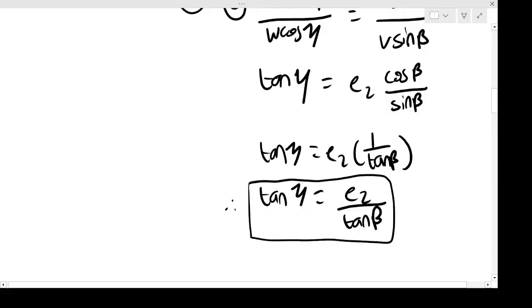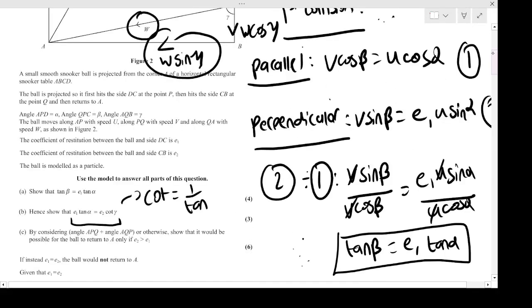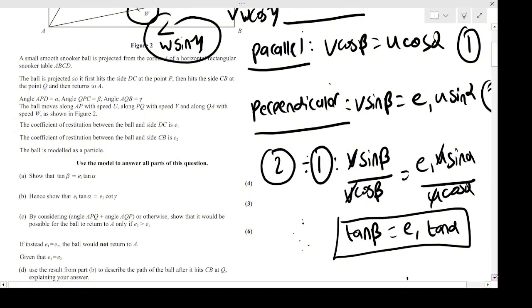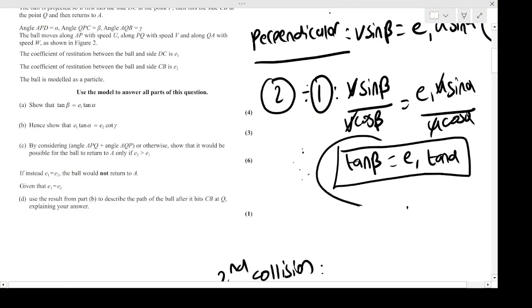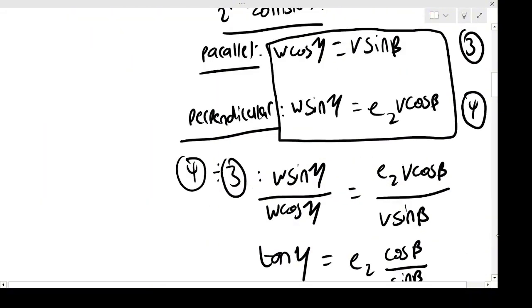Hopefully you notice I have tan beta, but in their expression they have tan alpha. So I need to somehow get rid of beta and turn it into alpha. But from the first part, they wanted to be shown that tan beta is E1 tan alpha. Well, there we go. We have an expression with tan beta. So I can sub that in here.